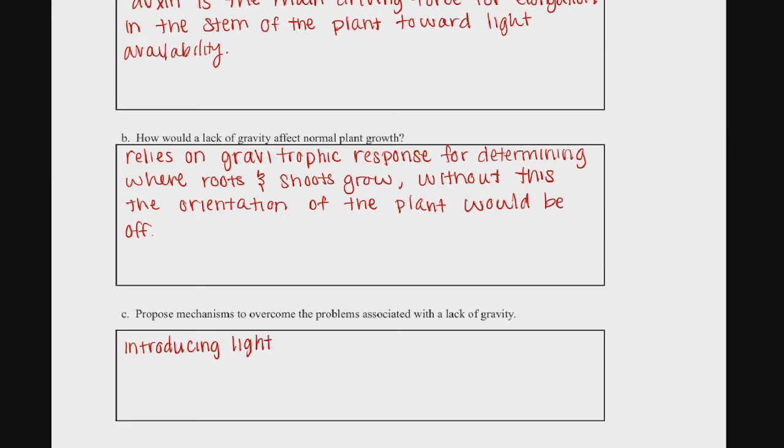So if you have a light overhead, that can maybe stimulate them to grow upwards towards that source, for example. So we can just say that counteracts gravity.